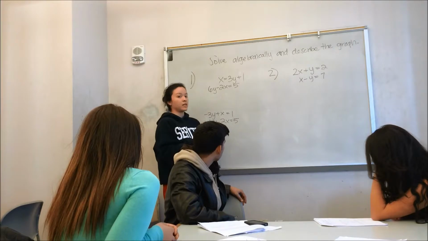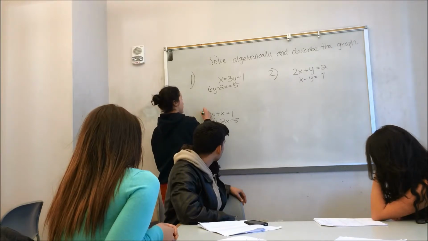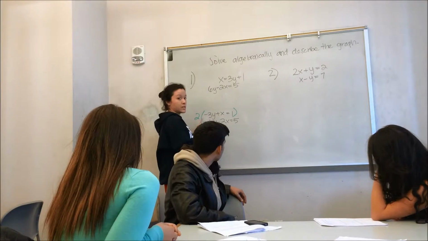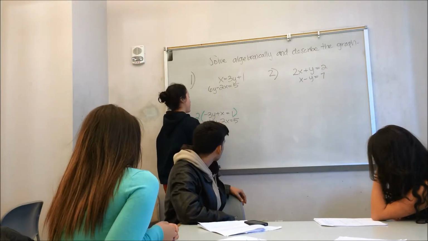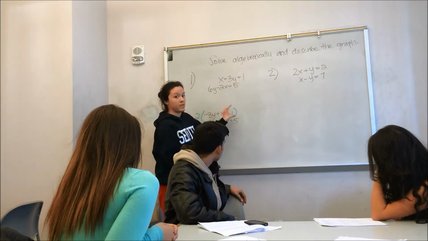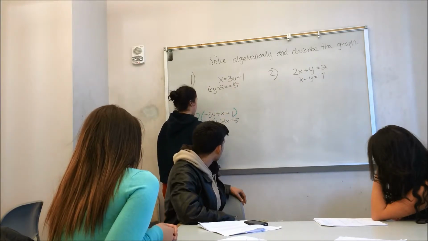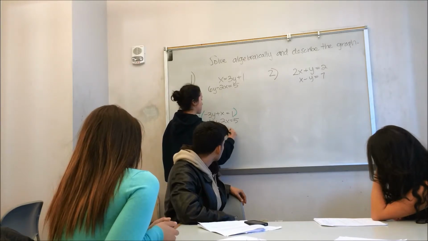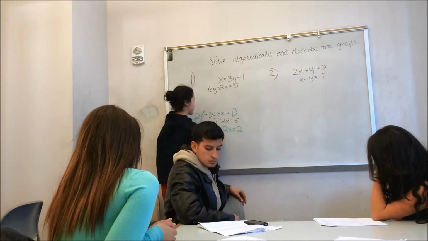I think for this one I'm going to use the y. So I'll multiply this whole equation by 2 because I want to cross these out, and negative 3 times 2 is negative 6, which means that these will cancel out, which is exactly what I want. But you have to multiply it by the whole equation. So our new equation will be negative 6y plus 2x equals 2.